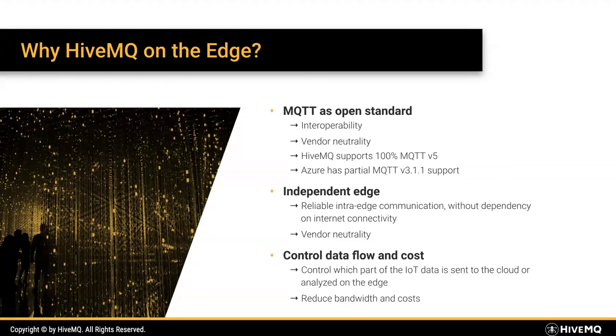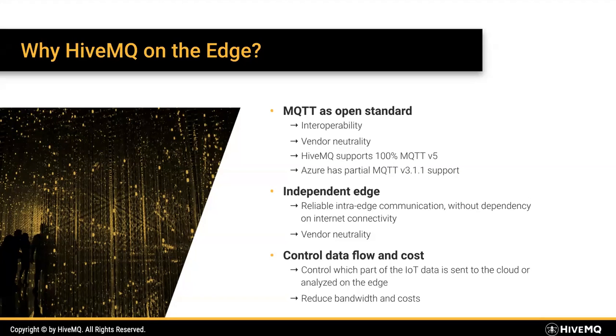If you think of an edge like, let's say, a factory floor, that allows your parts on the factory floor to communicate still, even if no internet connection is there. You can have your own little network there, and you still can have full MQTT communication between all the machines.